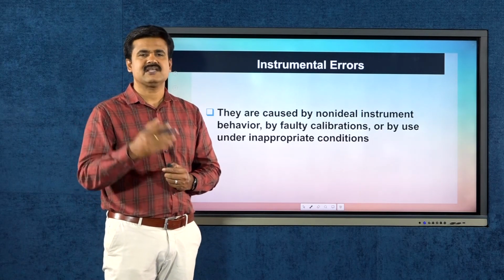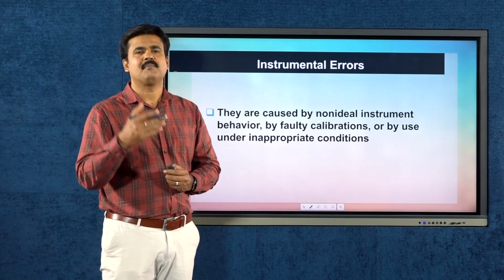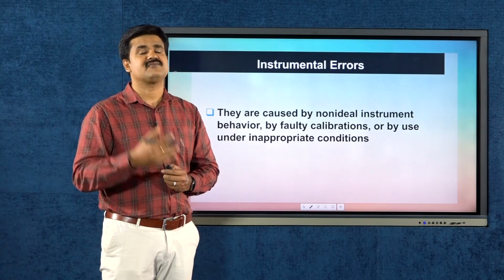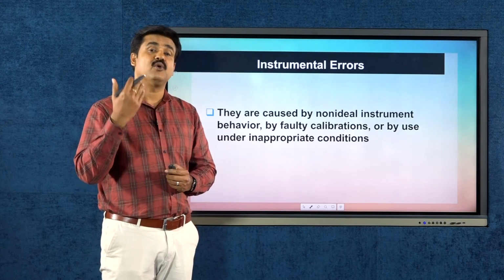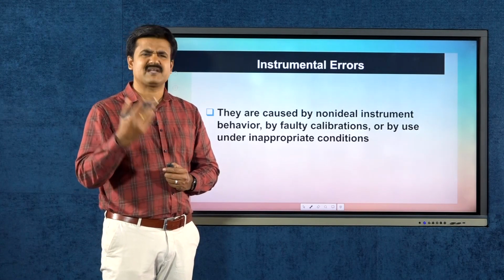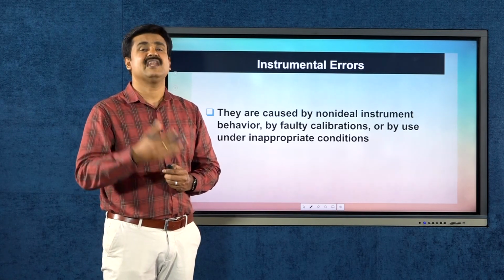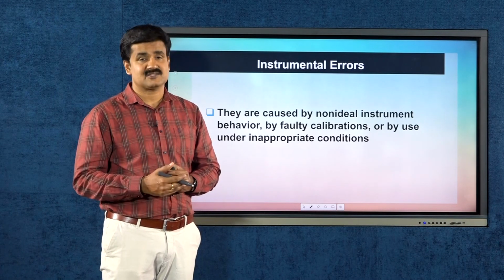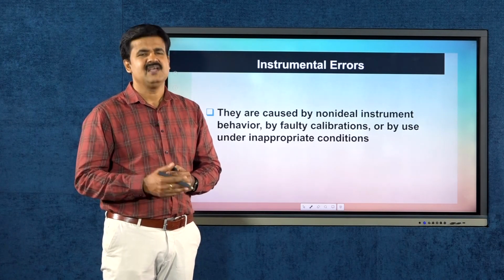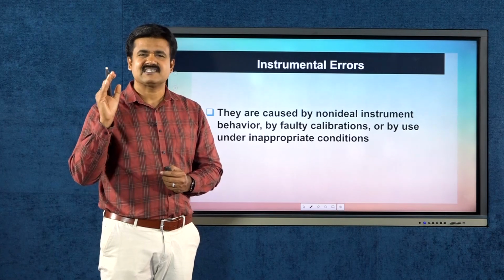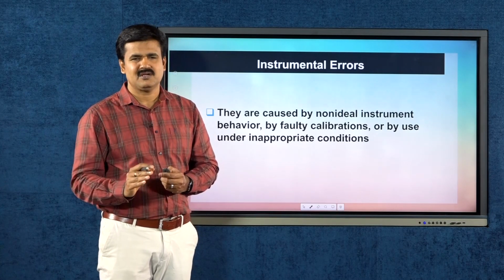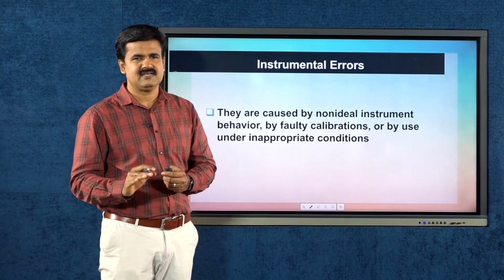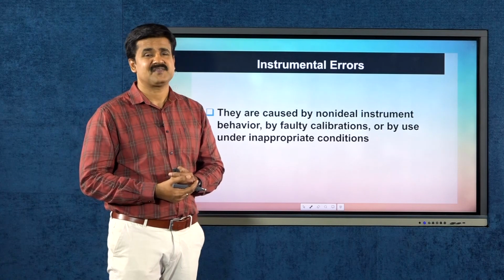So, you are measuring the pH of a solution by using a pH meter. Suppose there is high temperature fluctuation, high voltage fluctuation, or inadequate calibration. You have to calibrate the pH meter by using a standard solution of known pH. For this, you have to take a solution with the exact pH value 7.2 and calibrate by setting the machine to 7.2 for the standard. You have to make some calibrations, etc.